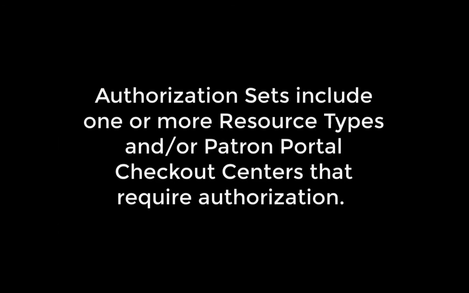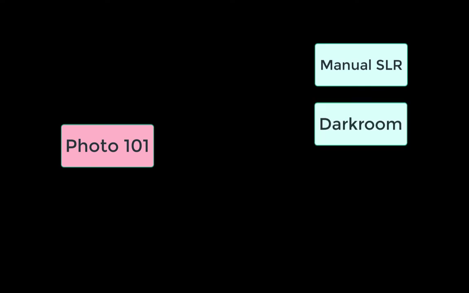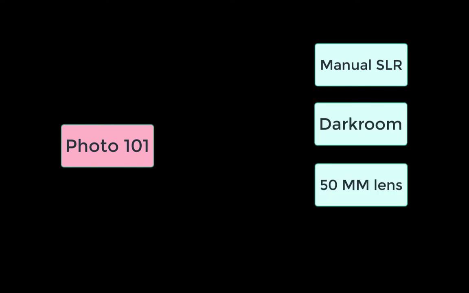Authorization sets include one or more resource types and patron portal checkout centers that require authorization. Authorization sets are added to the group and provide the group section members access to the resource types and checkout centers for patron portal access. For example, all Photo 101 courses have access to the same resource types of manual SLR, darkroom, and 50mm lens.